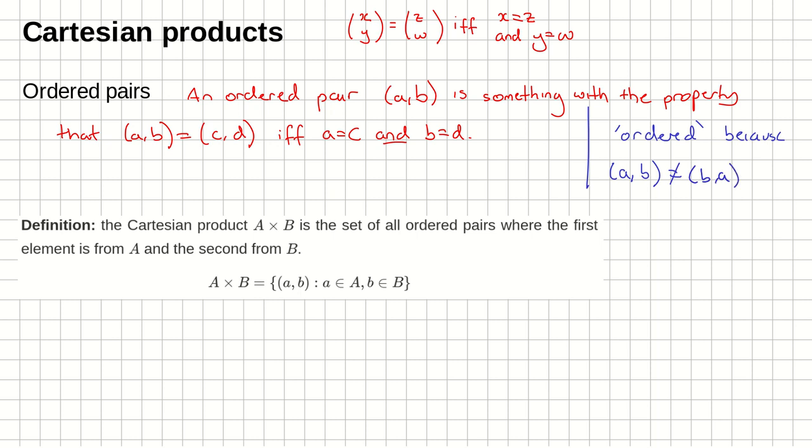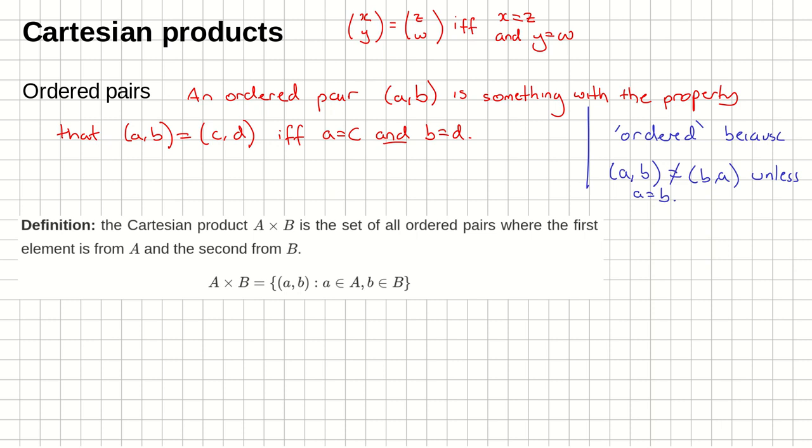In fact, that's only true when A equals B. So you should compare that to sets. The set containing A and B is always equal to the set containing B and A. For that reason we called sets unordered, whereas ordered pairs don't have that property. Instead, for ordered pairs, the order really does matter.